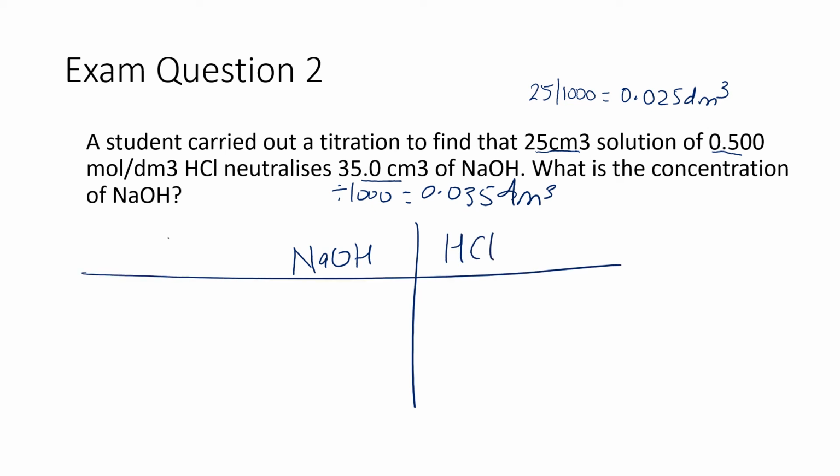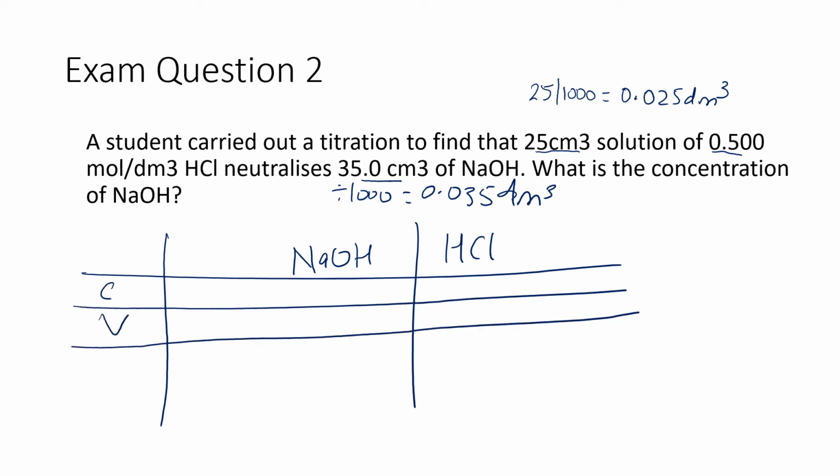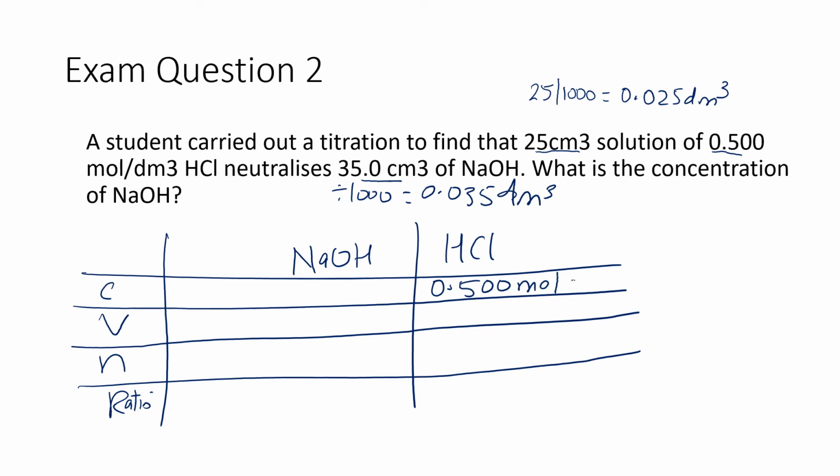and then we're just going to write down everything we know. So we're going to do the concentration, look at the volume, look at the number of moles, ratios, and so on, and then the final concentration. So first of all, we need to look at what we know a lot about. So we know if we were to look at the HCl, that the concentration is 0.500 moles per dm cube, because they have told us that already.